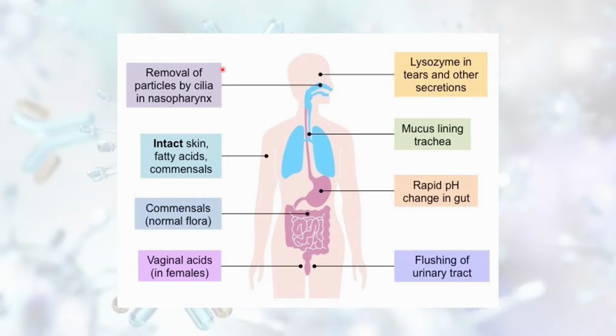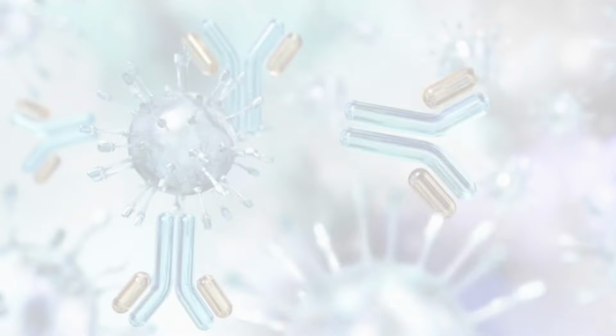So these are stuff that prevent microorganisms from getting into your body to start with. And another part of innate immunity are cells, which eliminate microbes once they get into your body. And again, those will also stop infection.